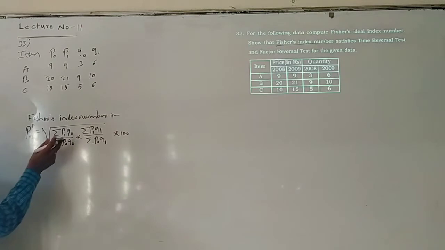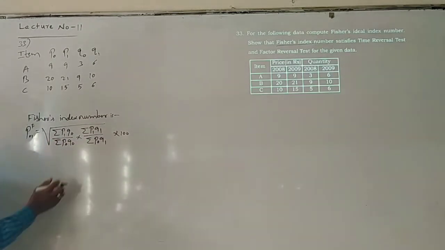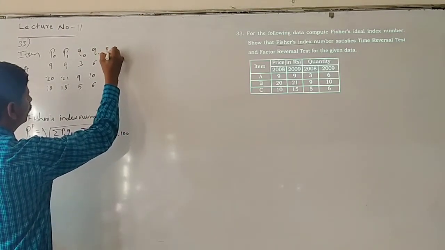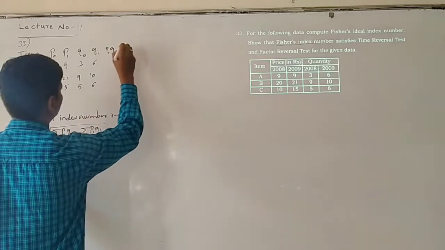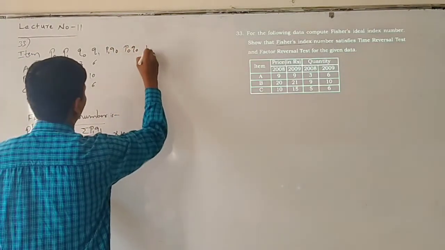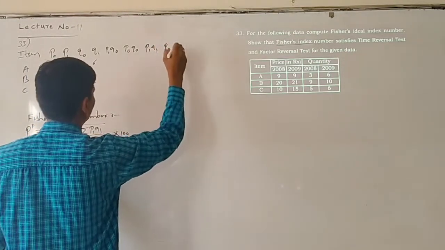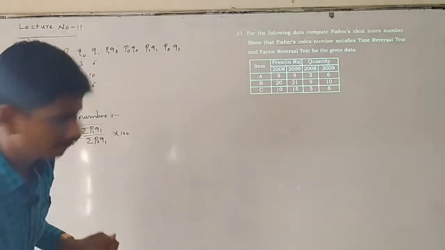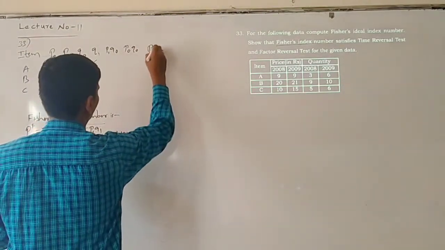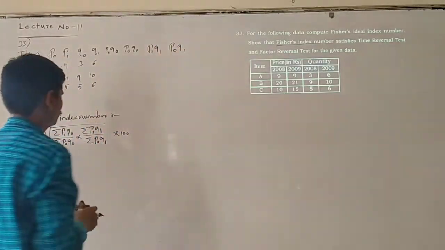First you have to find the values of P1 Q0, P0 Q0, P1 Q1 and lastly P0 Q1.